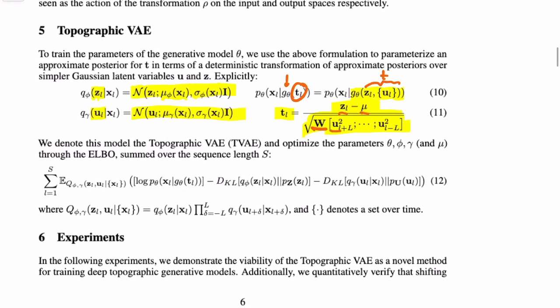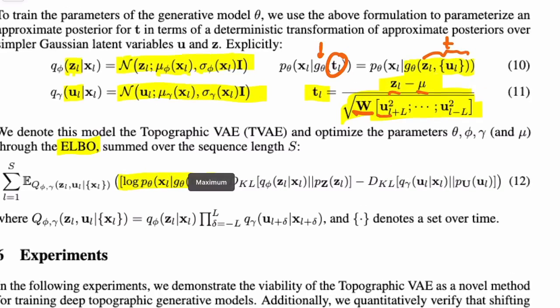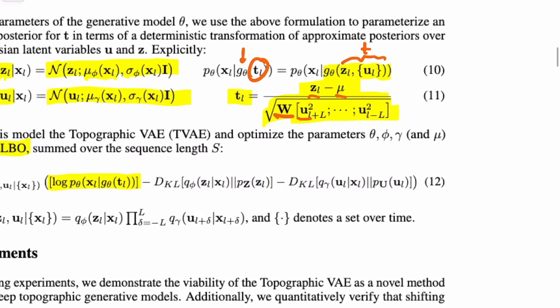And you train it with the classic ELBO, the evidence lower bound, which says, okay, I want to reconstruct the picture accurately. That's this term right here. I want to reconstruct the picture accurately, but essentially I also want my t variables to be distributed according to this TPOT distribution.